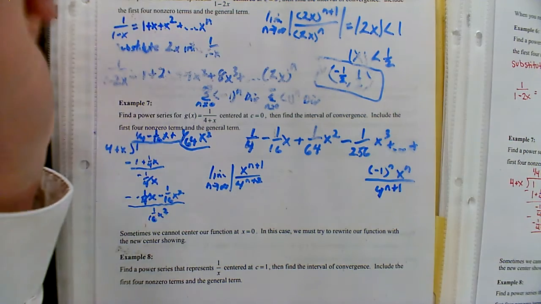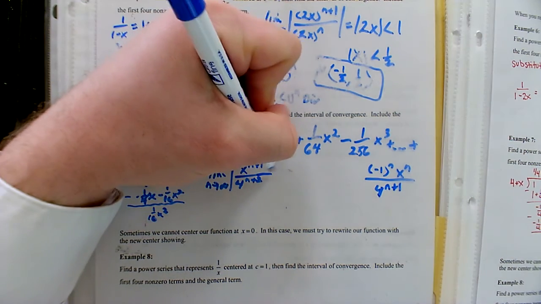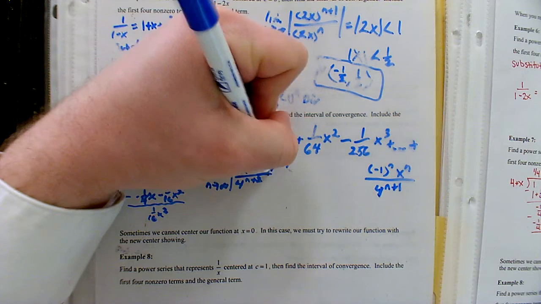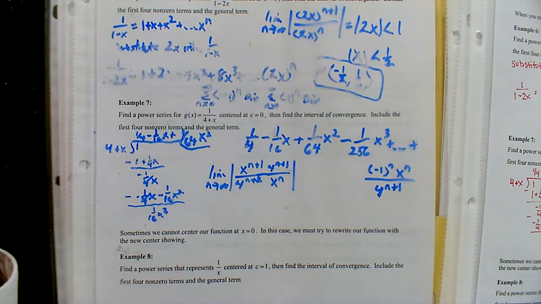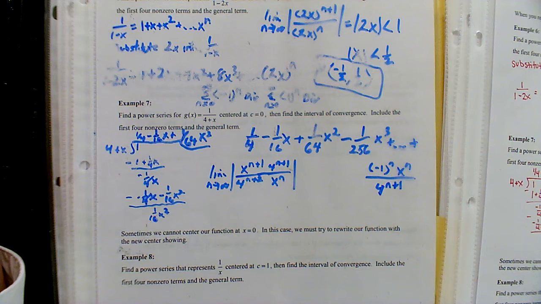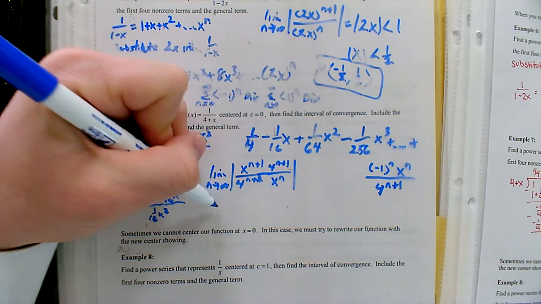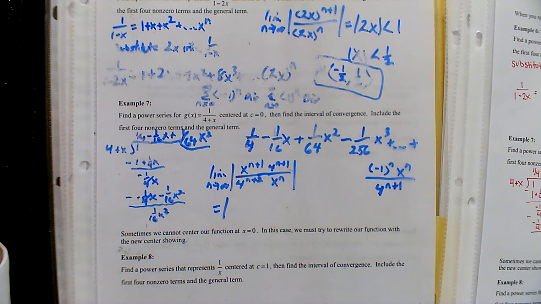Now again, dividing by the original, multiplied by the reciprocal. 4 to the n plus 1 over x to the n. After some reducing, you're left with the absolute value of what? If you reduce all those powers, you're left with what?